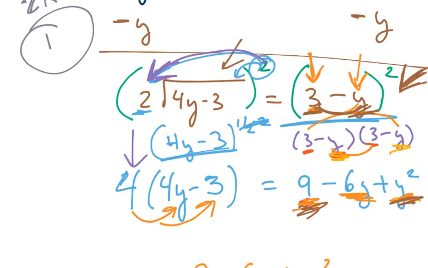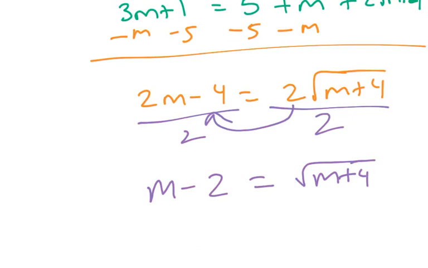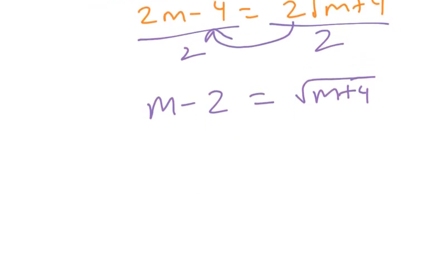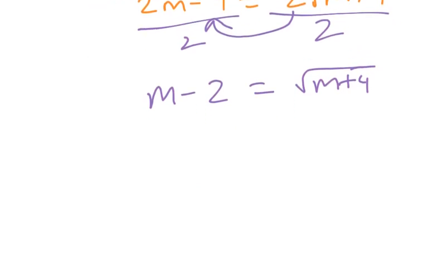The reason why I did that was dividing by 2 on the right side is not going to make the problem any more aesthetically pleasing. In other words, you'd end up getting 3 over 2 here and y over 2, which would make it really difficult to work on the problem. So because this makes the problem cleaner, I went ahead and did that. So you have to do a little thinking. It's not just let me follow the same process every single time. Think about the situation if you can make it better.